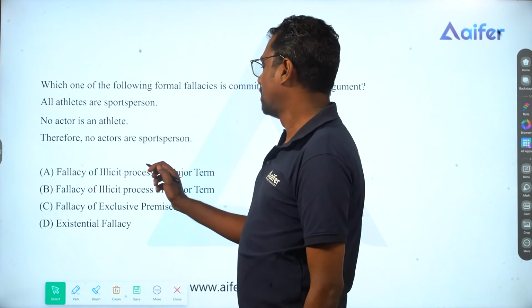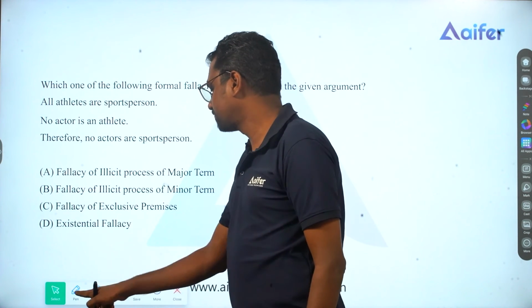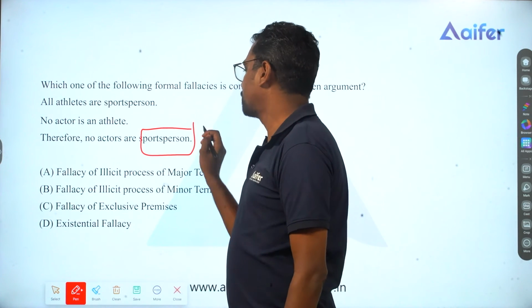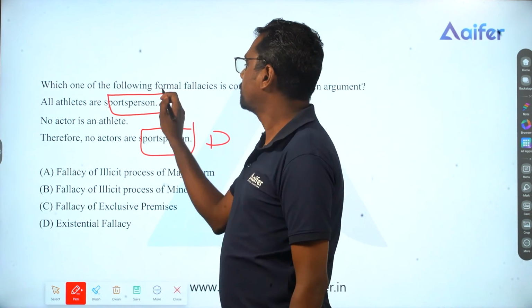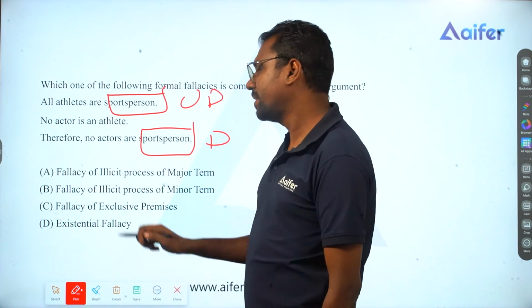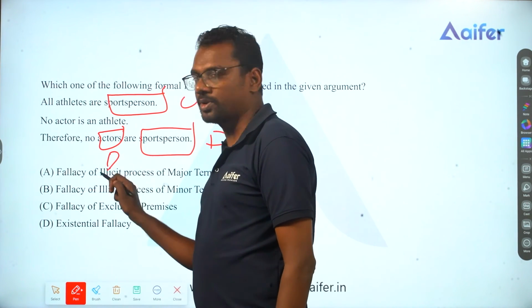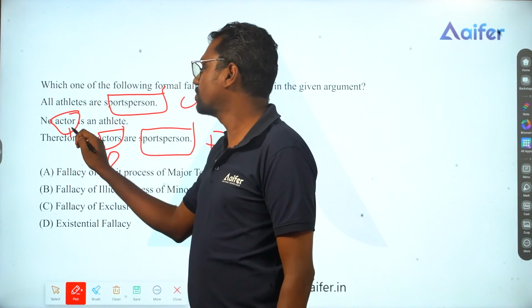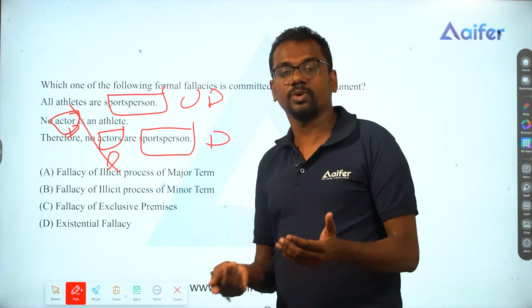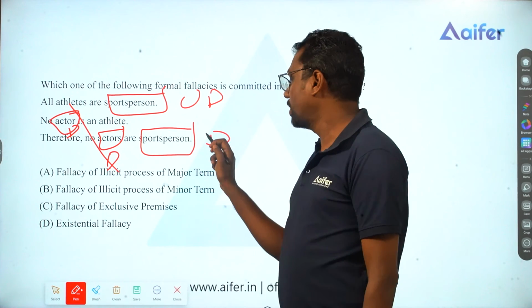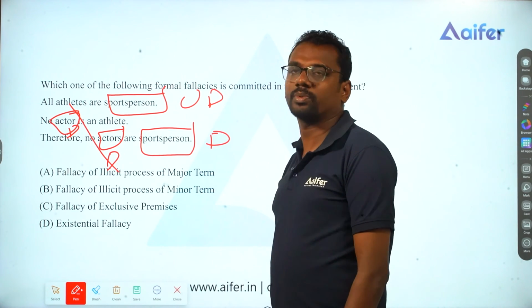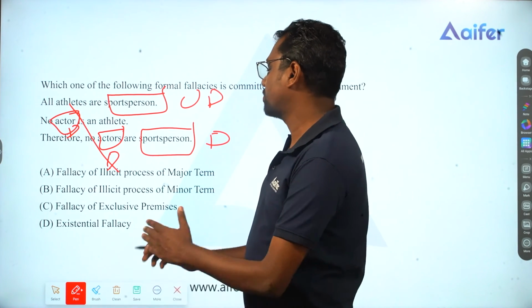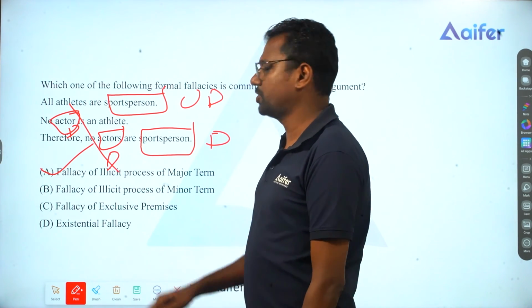The major term is distributed in the conclusion and undistributed in the premise. The minor term is distributed in both, so it doesn't come under illicit minor. When it is distributed in both, it's not a fallacy. So we have the fallacy of illicit process of the major term.